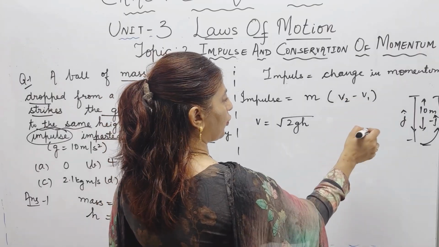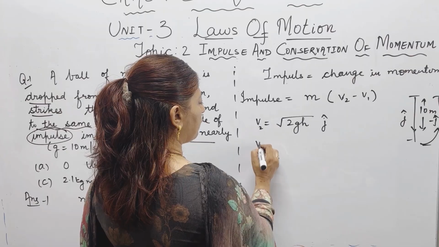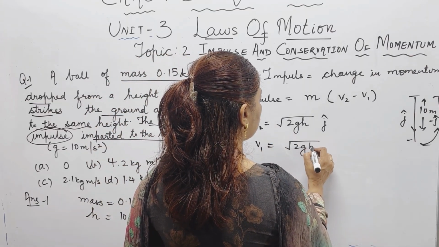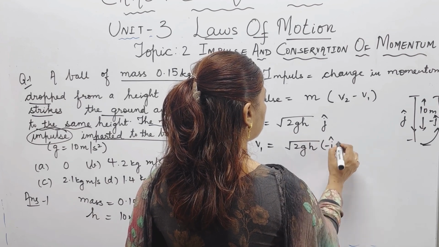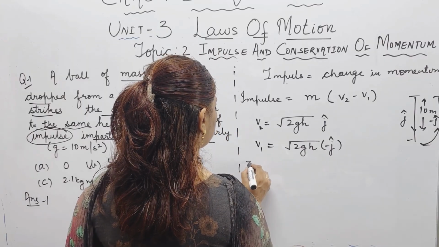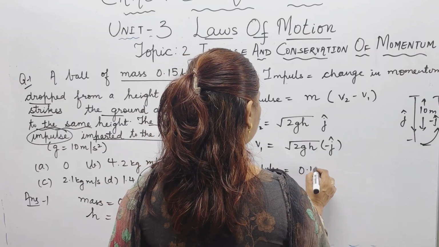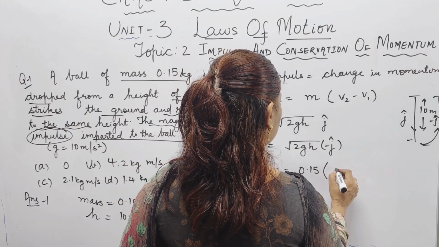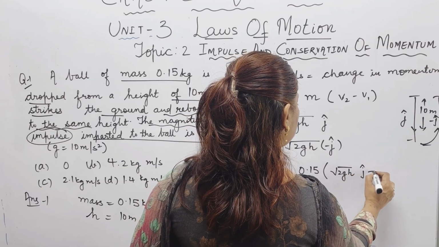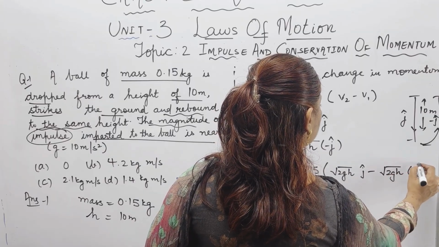So when it is moving downward, we are taking it with this direction, let it be v2, and when it is moving in the upward direction, it is under root 2gh with minus j. Now using these values in the above equation, impulse is given by mass 0.15 into under root 2gh j minus under root 2gh minus j.